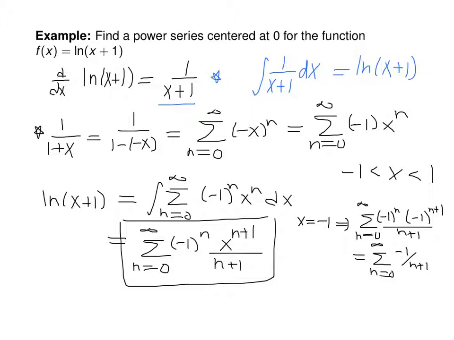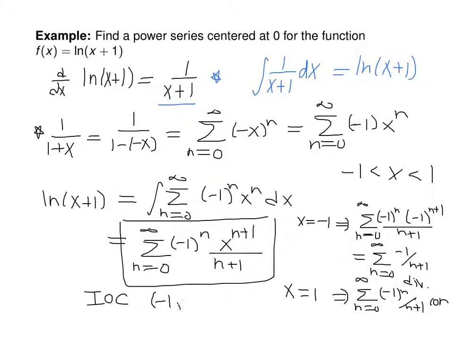And this series diverges, so we do not have convergence at negative 1, but at x equals 1, we get the series, so a sum from 0 to infinity, just negative 1 to the n, 1 to the n plus 1 is just 1, over n plus 1, and that would converge by the alternating series test. So for ln of x plus 1, my interval of convergence does not include negative 1, but does include 1.